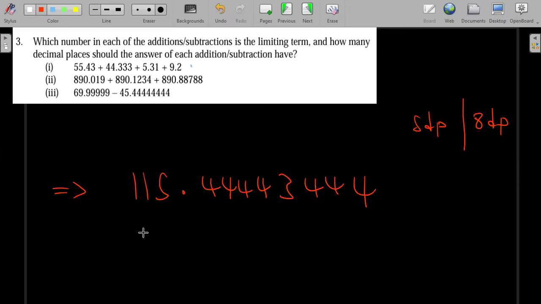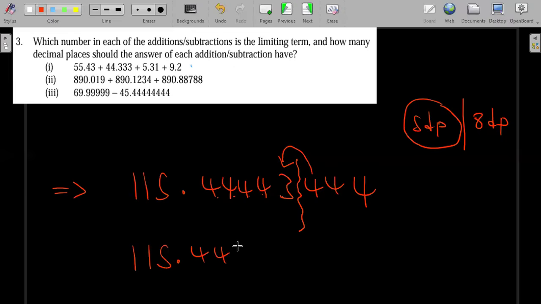We have to round off this number to how many decimal places? 5. So where is the 5? 1, 2, 3, 4, 5. So we're going to round it off from here. The 4 is less than 5, so we're not going to add anything to these 3. So we're going to say 115.44444.